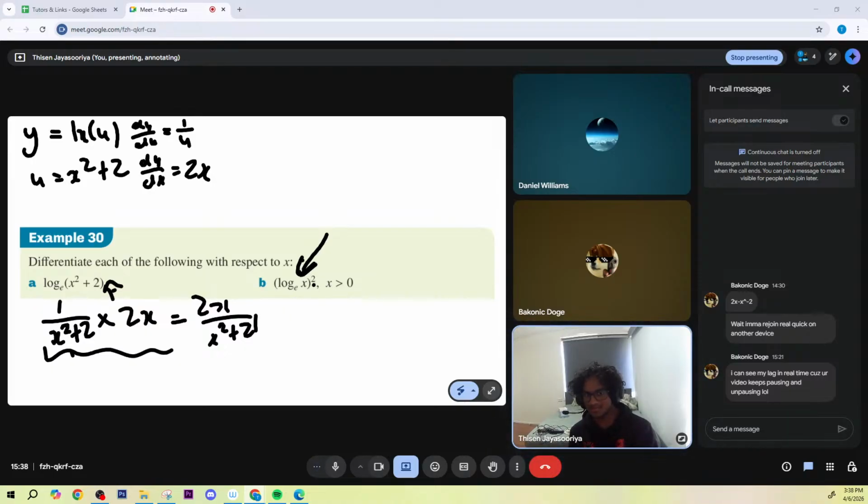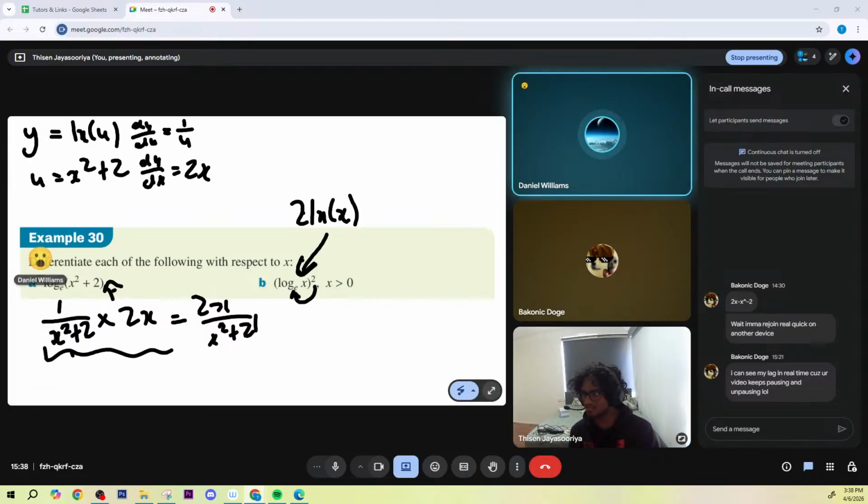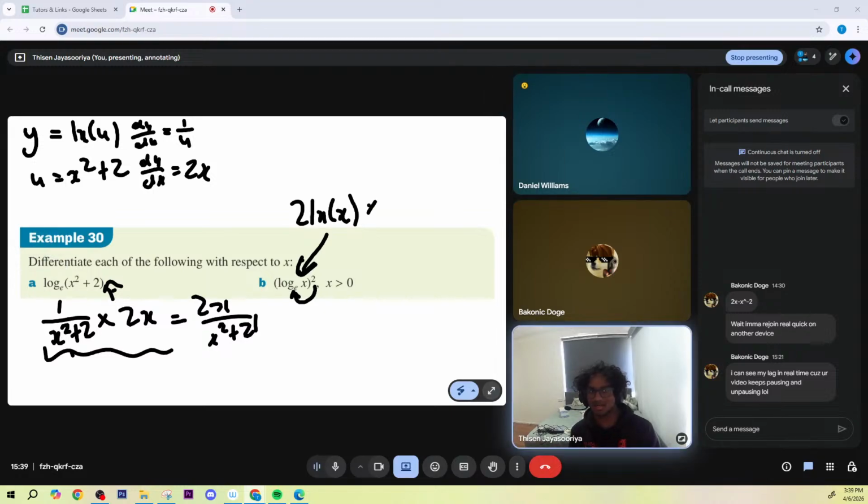This one's 2 ln of x, and then we go into the inside function. That's the derivative of the outside function. I've just pulled this 2 out the front, and then times that by 1 over x, which is the derivative of the inside function.